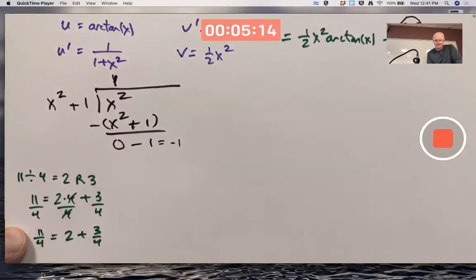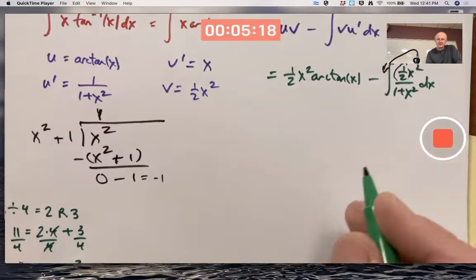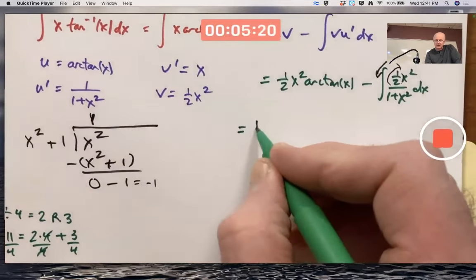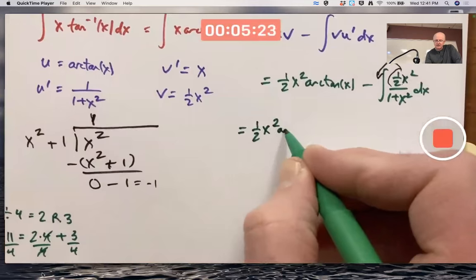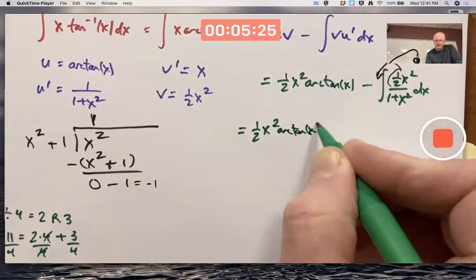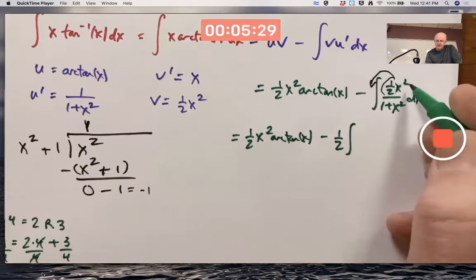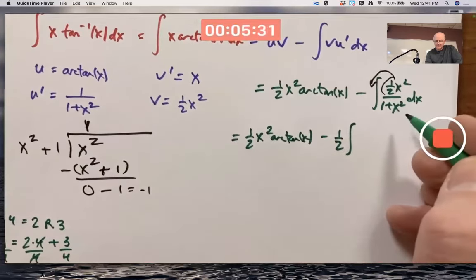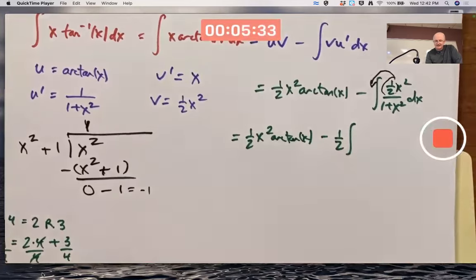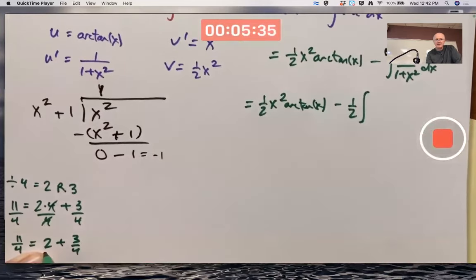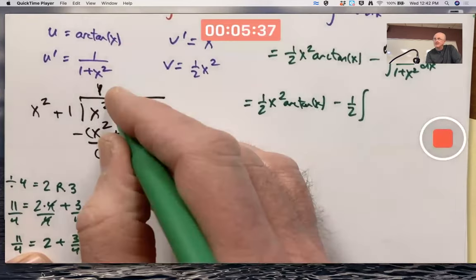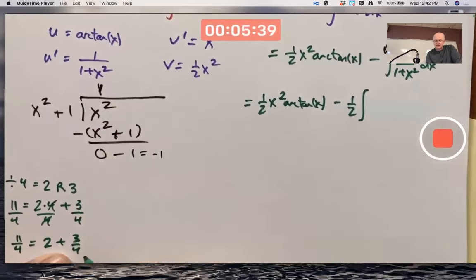That's the numerical analogy that I want to use with this function now. Go back up here. Again, don't forget to bring the 1/2 out in front. This function, x squared over 1 plus x squared, is analogous to the 11 over 4 here. Our quotient is 1, plus another fraction, which is the remainder, 3, divided by the thing I was dividing by, 4.